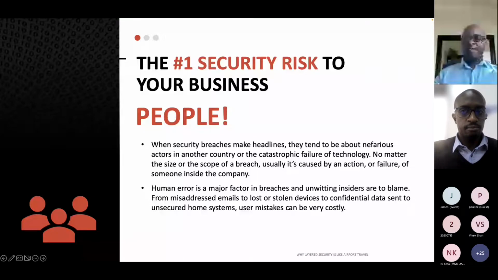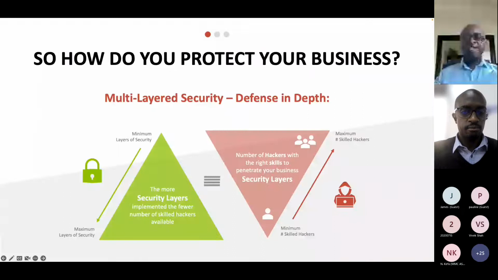So after hearing all this, the question you may be asking is just how do you protect your business against such overwhelming odds? This diagram shows the inverse relationship between the amount of security protocols your organization deploys and the number of skilled hackers likely to be able to pull off a successful hack of your company. Basically, what it means is that the more security layers you have, the more skilled the hacker needs to be to penetrate.